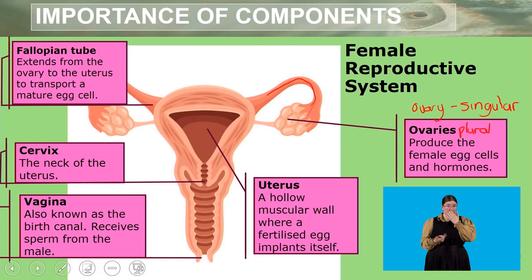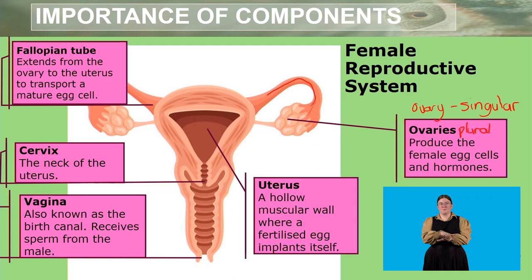So we've spoken about how the penis will be inserted in the vagina, semen containing sperm will be deposited in here, and then the sperm will need energy to swim to where the egg has been released.